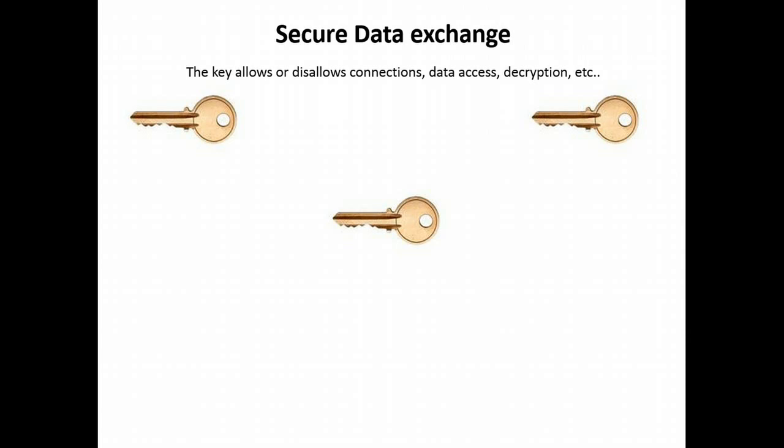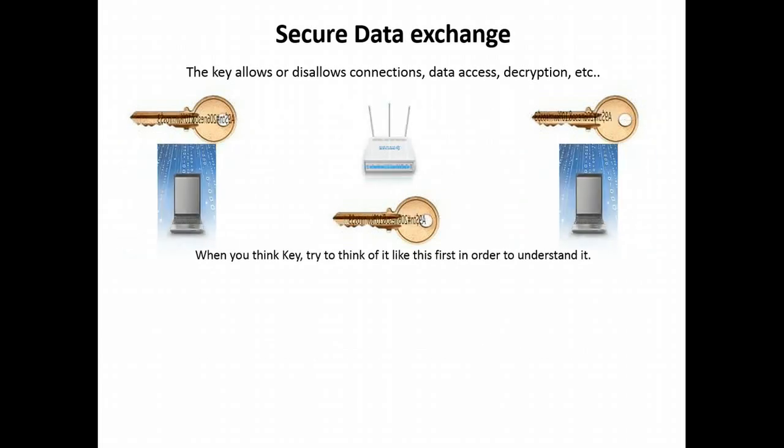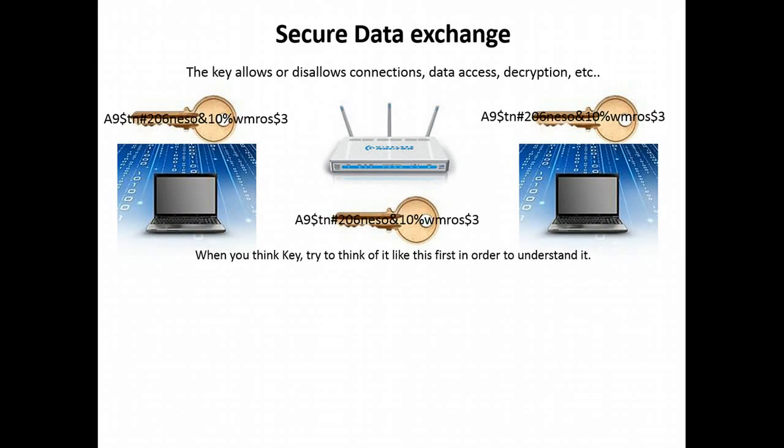So the key, again, allows or disallows connections and data access. It does encryption and decryption. And if you're going to think about a key, I'd like for you to try to think of it like this first in order to understand it. So I've strung out the key variable across the top of the physical key so you can understand that that string of characters is what locks and unlocks or encrypts or decrypts.